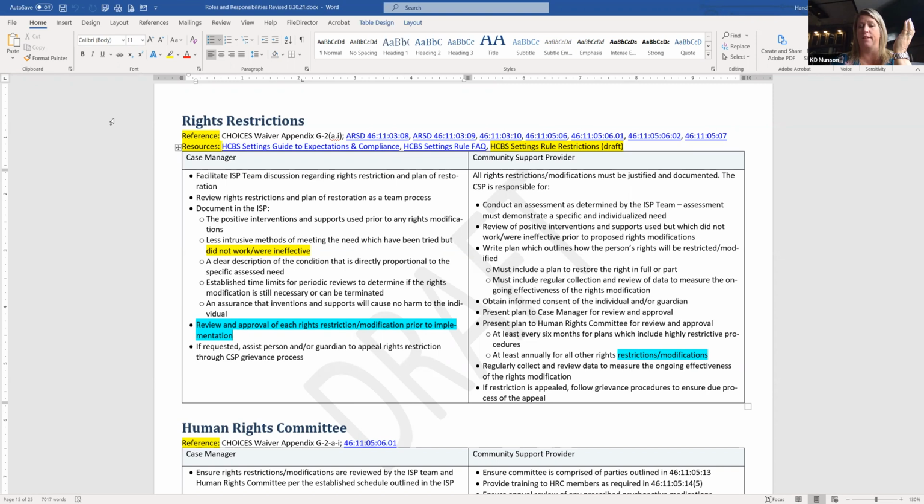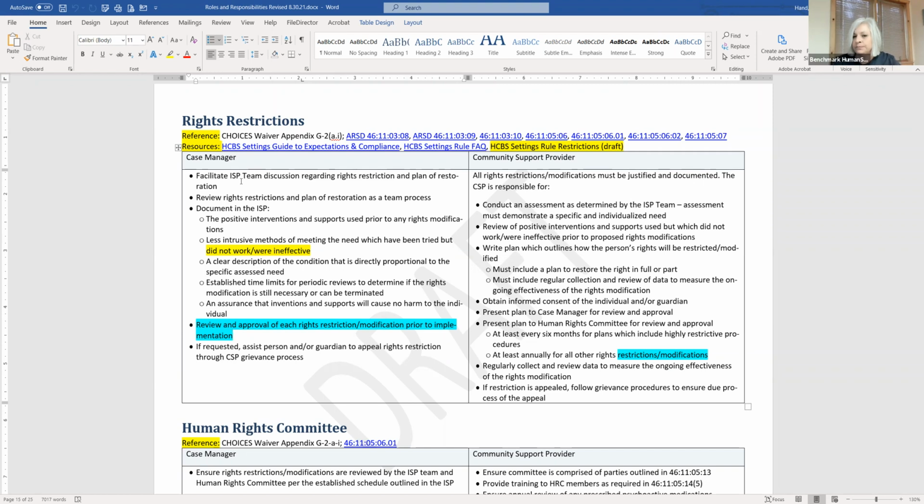Or can we, like I think Amy referenced, upload the CSP rights restriction document to the risk section? It's not a rights restriction section, it's a risk section. So we could upload that. Otherwise, we would have to have case managers write something in a Word document and then upload it or put it in the discussion record. I don't know. I worry about it being there like that.